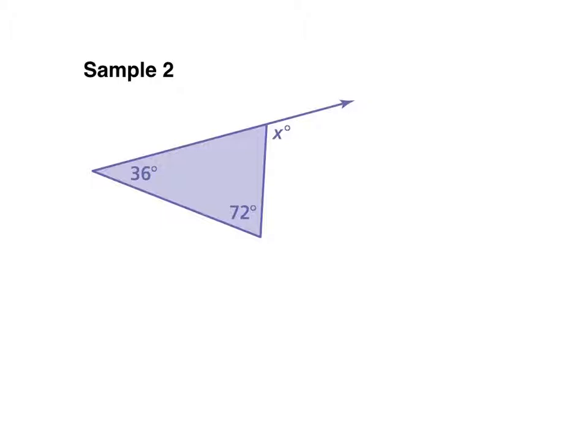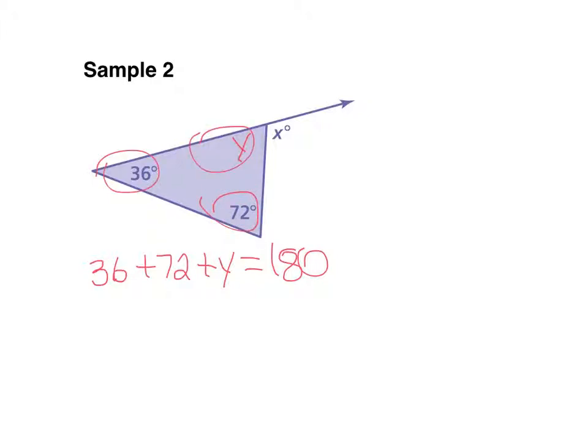So let's see how we did. I'm just going to go ahead and assign this first angle y. So I know that 36 plus 72 plus y is equal to 180 because all three angles in a triangle add up to 180 degrees. So let's add together 72 and 36. 72 plus 36 is 108.